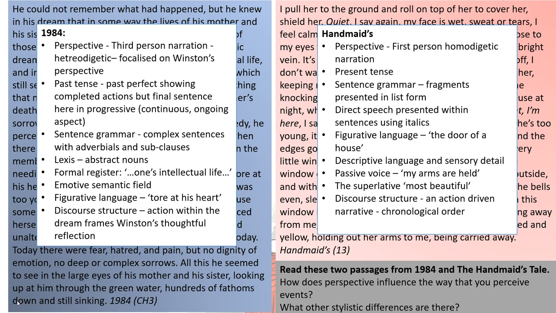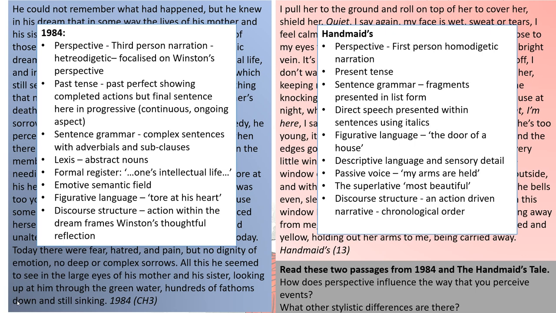That use of the passive voice helps to keep the reader's focus on Offred, and the focus is on Offred and her daughter throughout. The people chasing them down and hunting them down are kept in the background of this extract by using the passive voice in that way.